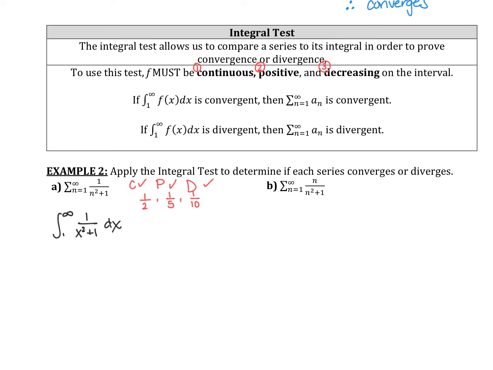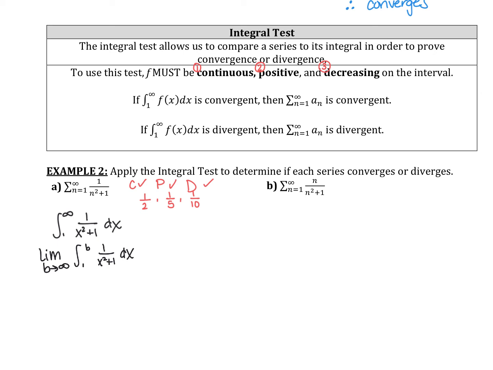So the problem is, this is what kind of integral? Well, notice my upper bound is infinity, which means it's an improper integral. So I'm going to go ahead and rewrite it. The limit as b approaches infinity of the integral of 1 to b, 1 over x squared plus 1 dx.